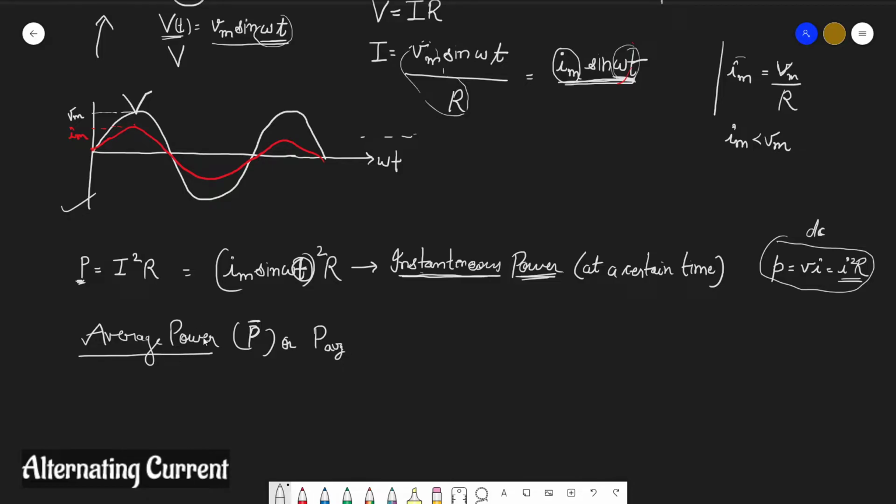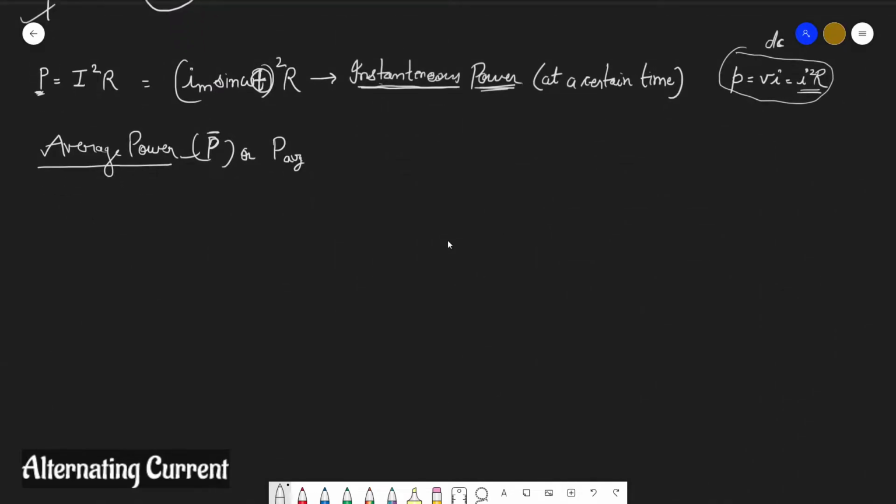Let's go by this notation as of now. So average power is the power in a cycle. As you know, alternating current has a time period, so in average power we talk about power in a particular cycle.